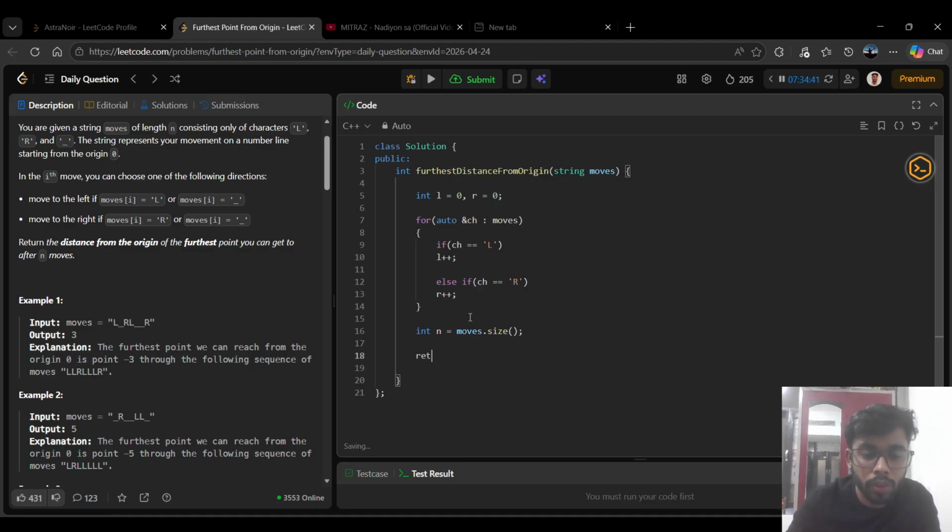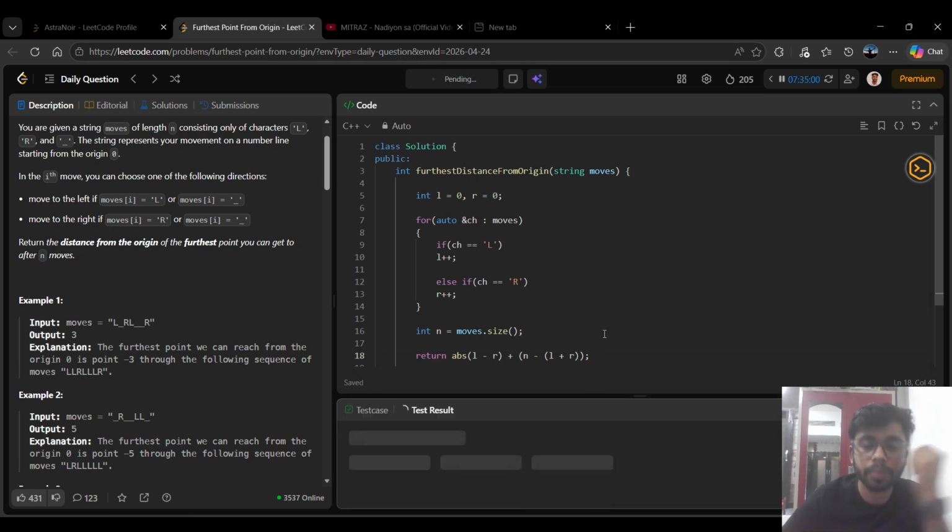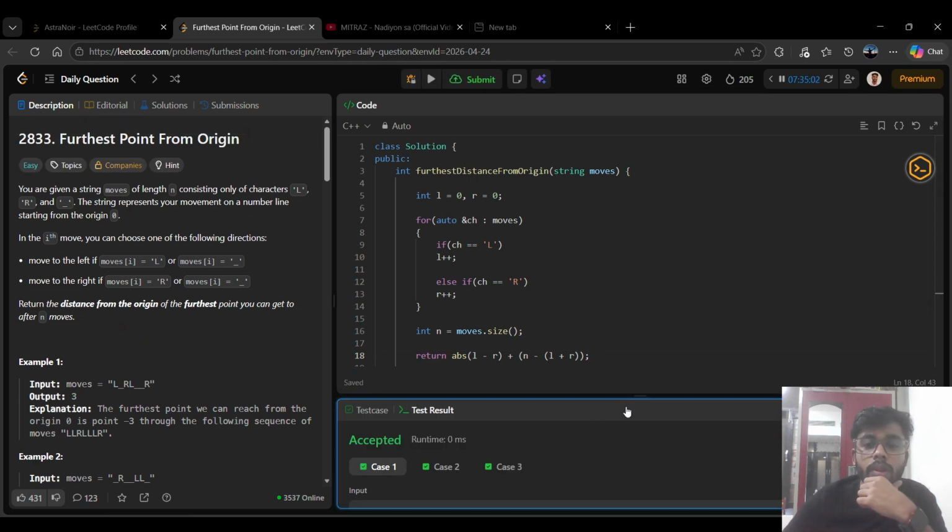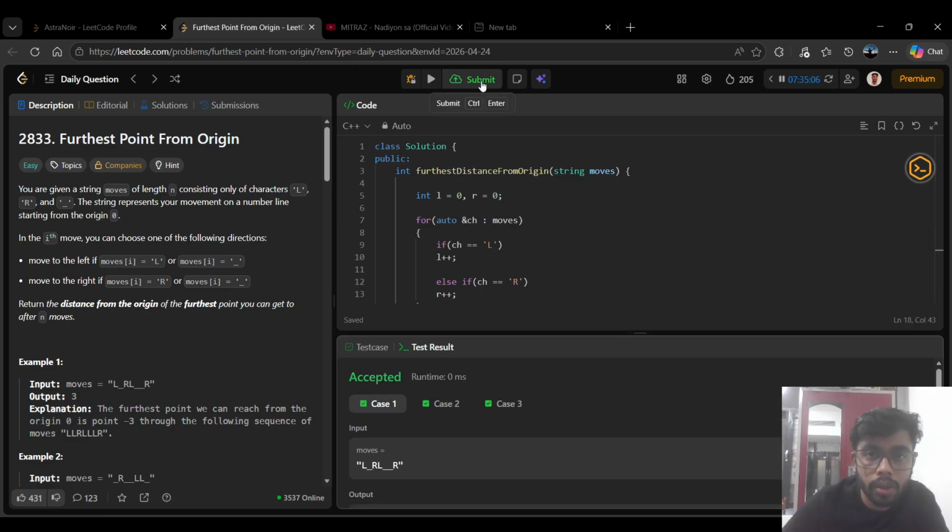So what we have to return is absolute of L minus R plus N minus L plus R. I hope it's fine. Okay, so the test case is getting passed.